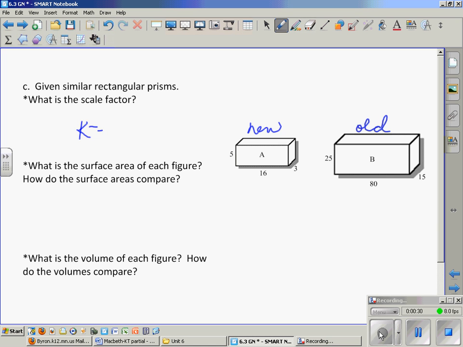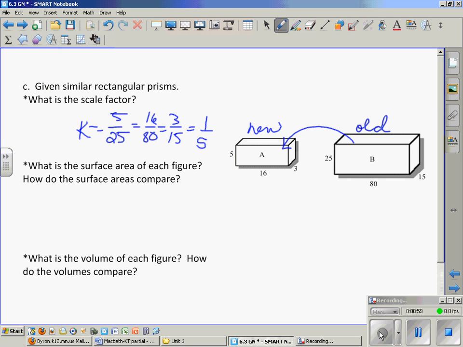And so our scale factor here is 5/25, or 16/80, or 3/15. Those all reduce to 1/5, which makes sense because moving from old to new, my picture is getting smaller. My scale factor should be a fraction less than 1. If my scale factor is a fraction more than 1, I'm increasing the size of my picture. So that's always something to keep in your mind.